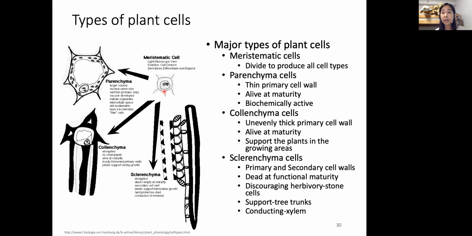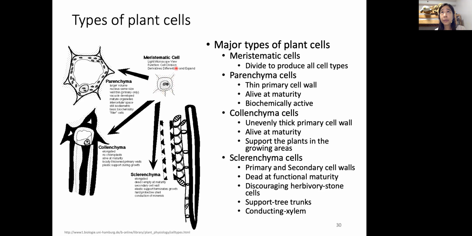The major function of the cell is to undergo cell division to produce different types of plant cells. We can find this type of plant cell at the tip of the plants, like at the shoot tip or at the root tip, or where the plants will grow.